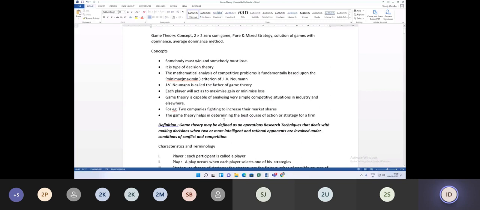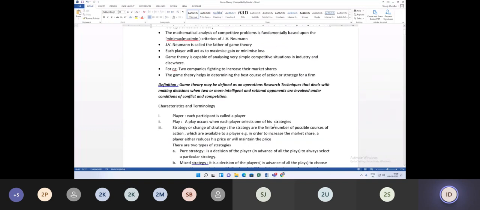That means there are multiple strategies, and the question is which is the best possible strategy to adopt to find the solution of the game, meaning to maximize the profit or minimize the loss. The definition of game theory is that it is a technique of operations research which deals with making decisions.